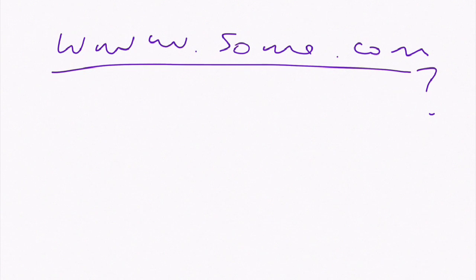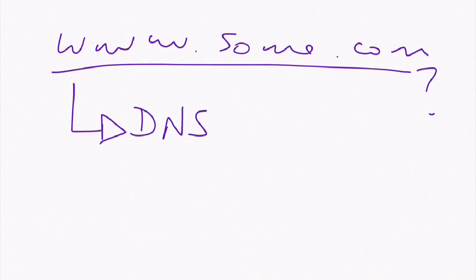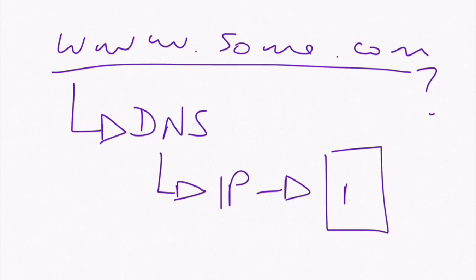So this goes from your computer, it gets sent to what we call a domain name server, which translates it into our IP address. And that IP address will go to, you guessed it, some PC out there, which might be a server or it could just be anyone's PC.